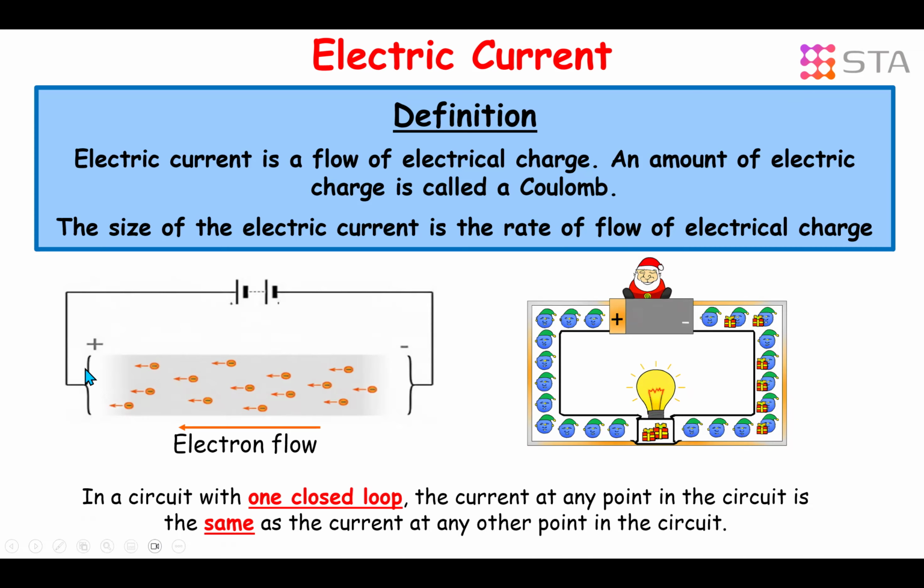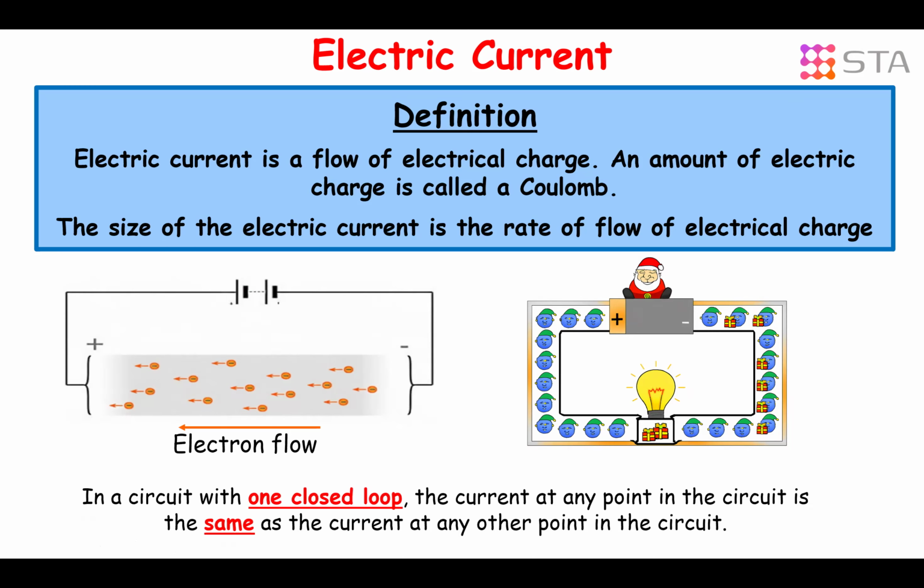So here in this diagram, we have a battery made up of two cells. And basically, there are charges called electrons which are flowing along the wire or conductor, and they're flowing to the components in the circuit, which may be lamps or maybe something else, and then they flow back to the cell or battery.